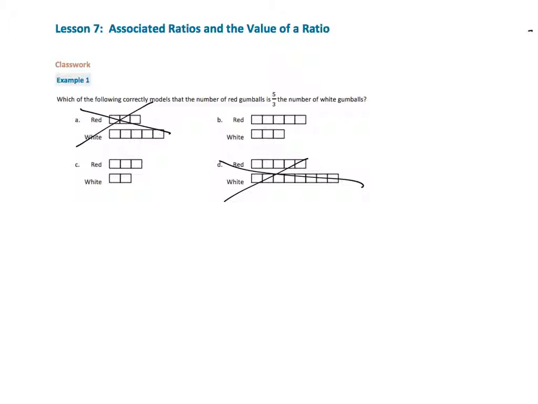And the 5/3 would mean we split it into 3 pieces for the white. So you can see the white has 1, 2, 3 pieces. Well, the red then would have 5/3, or 1, 2, 3, 4, 5 of the thirds, and the thirds are the size of the boxes in the white. So therefore, B is the correct answer.